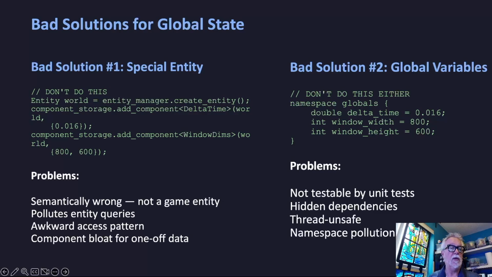So these are the two things that pop into your mind and say, oh, since we have entities, let's just make a world entity, and then I'm going to add a component delta time, a component window dimensions, a component operating system, a component network connector, all of this global data we add there. Then we have a single component that potentially every system is looking for. And this one, you can't test. You just basically have magic numbers that are in the global variable.